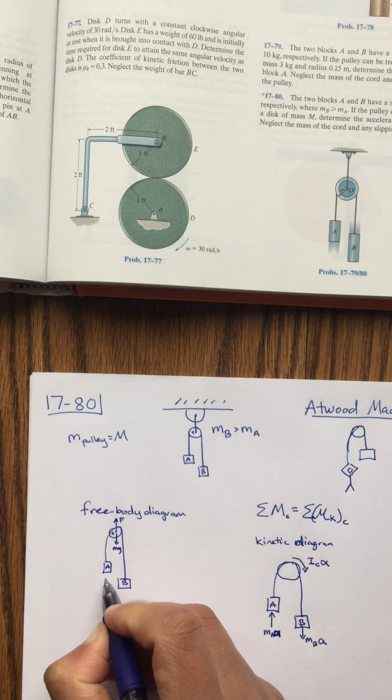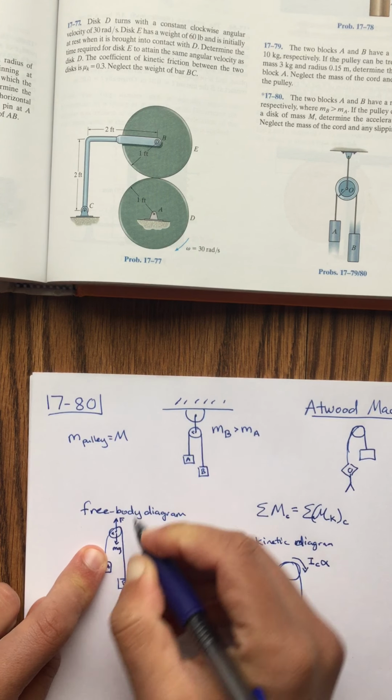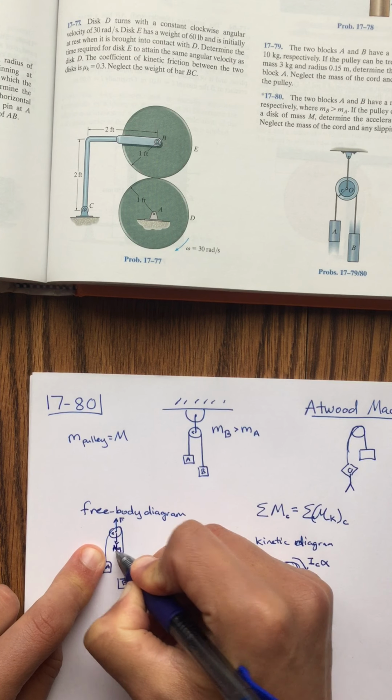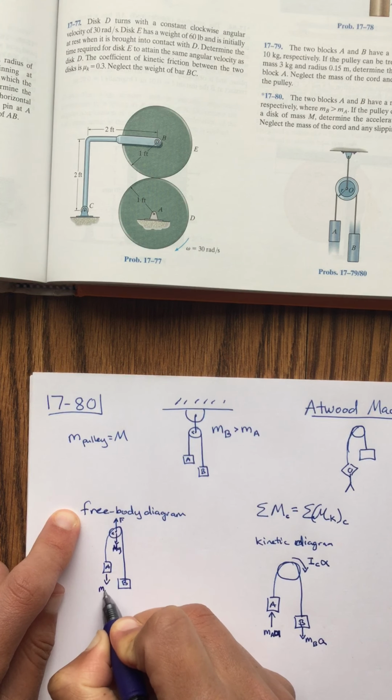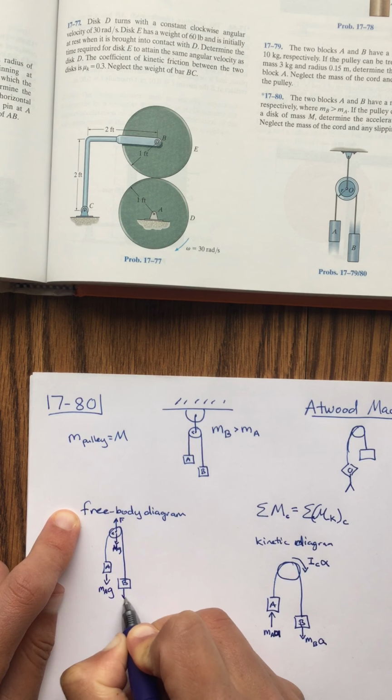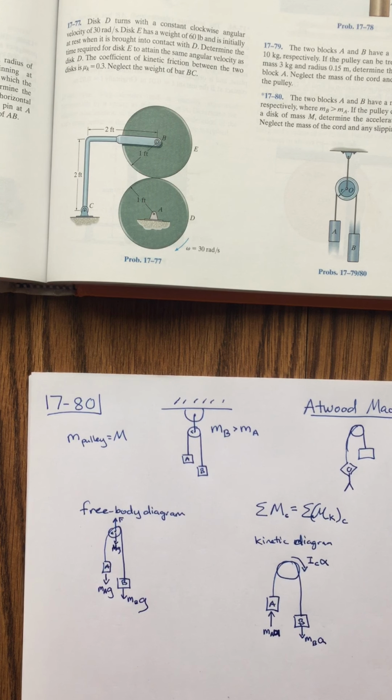Then I have mass A. This force of gravity which is going downwards is just for the mass of the pulley, so that's a capital M times g. Then I have a force of gravity acting on mass A and a force of gravity acting on mass B. So now I can use equation 17-10.